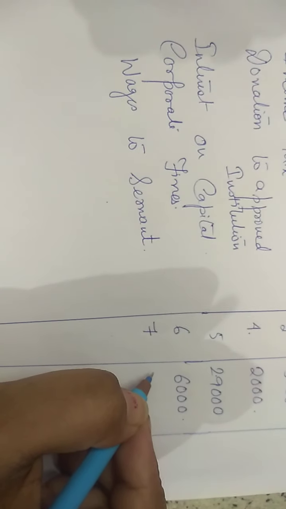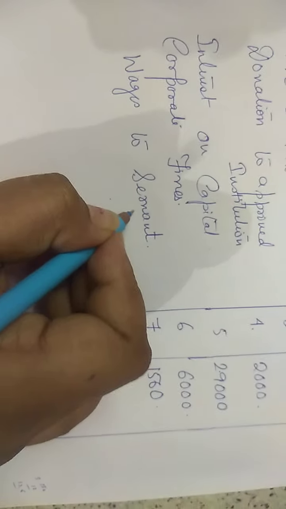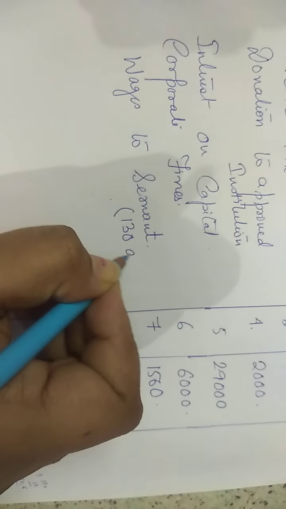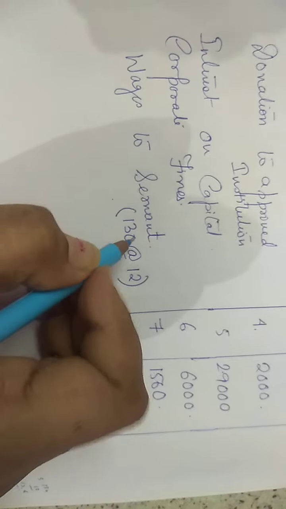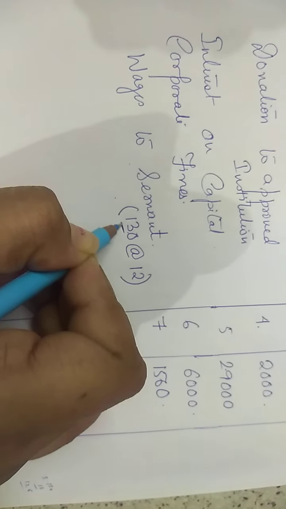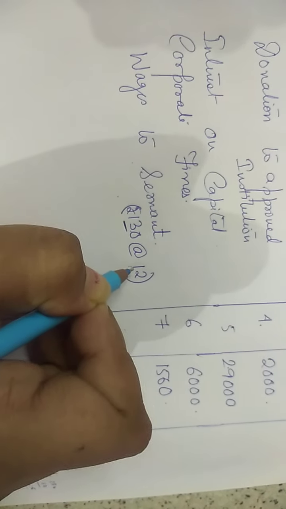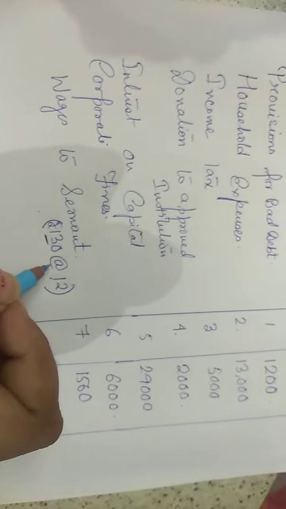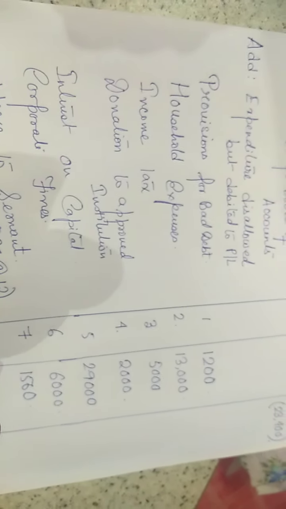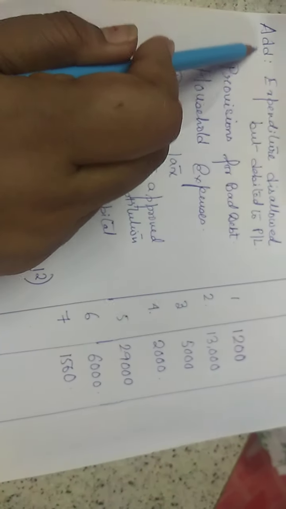How much? 15,600. 130 per month at the rate of 12 per month. General expenses include wages paid to your home servant at the rate of rupees 130 per month for 12 months. And since this is household expenses, it cannot get deducted. And hence you have wrongly deducted it. Now you have to add it back.